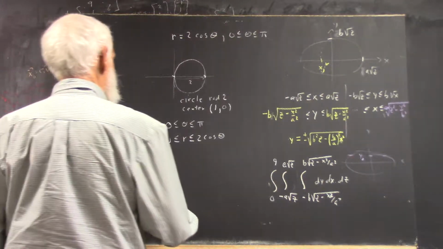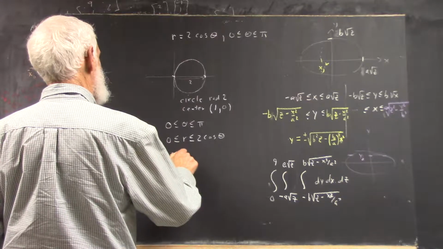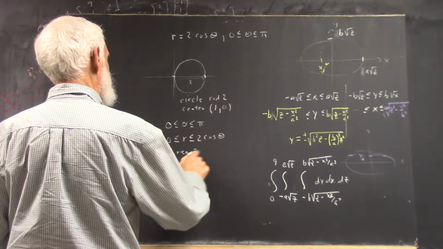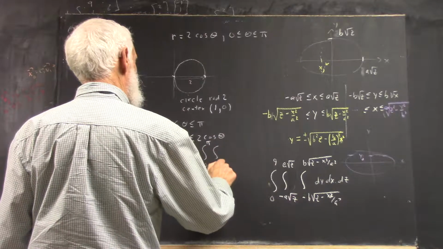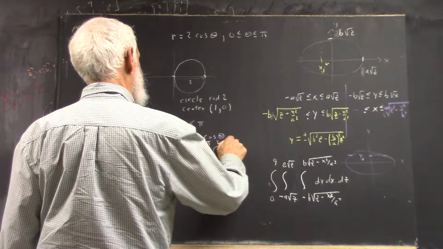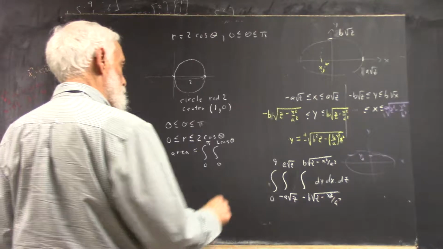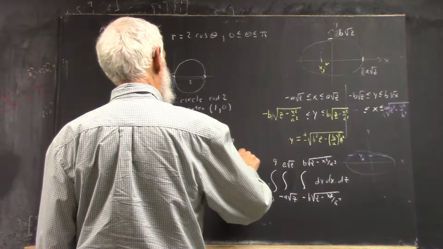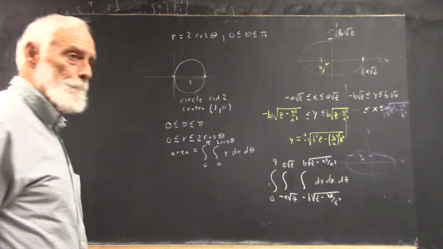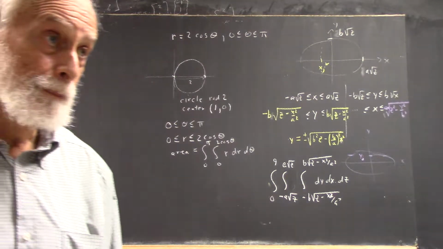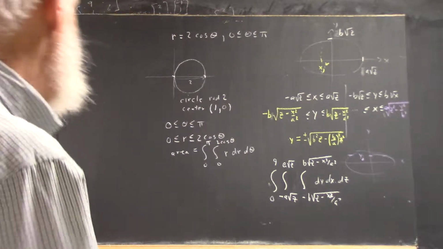So you get the area from 0 to pi, and then from 0 to 2 cosine theta of r dr d theta. Make sense? And that's a very easy integral.